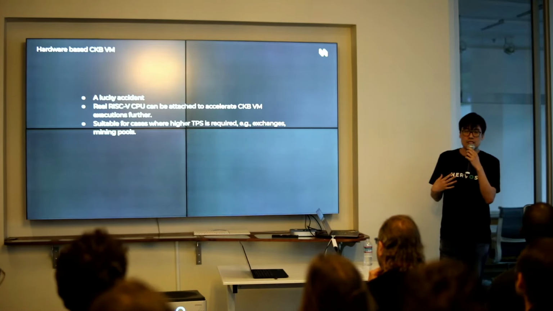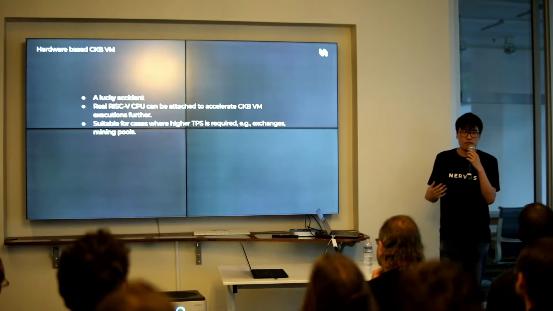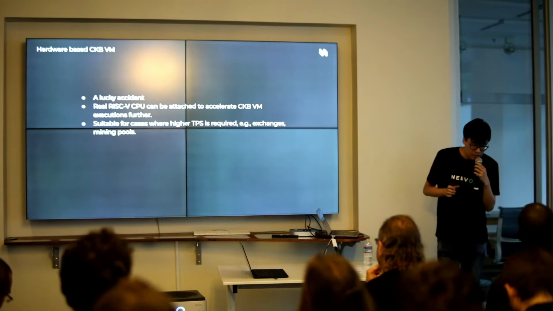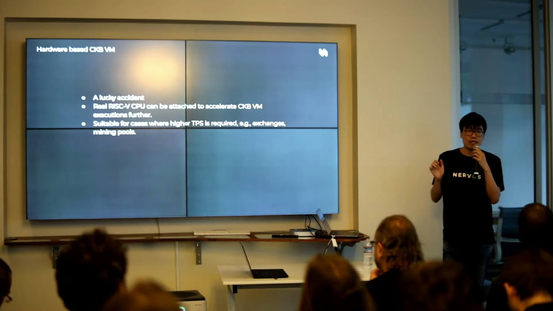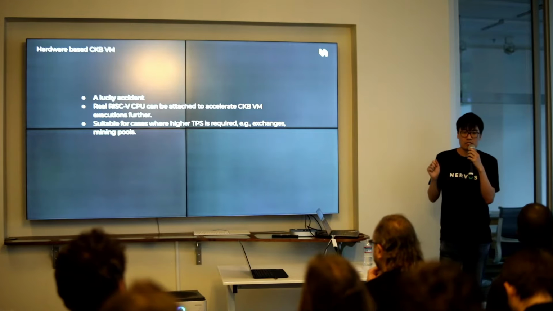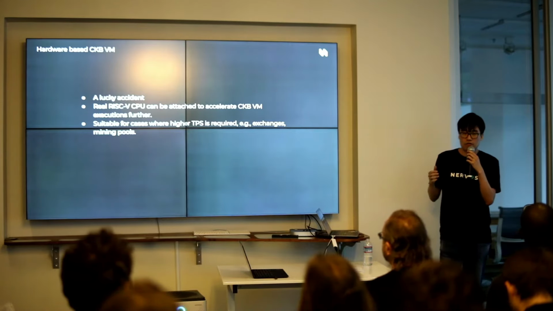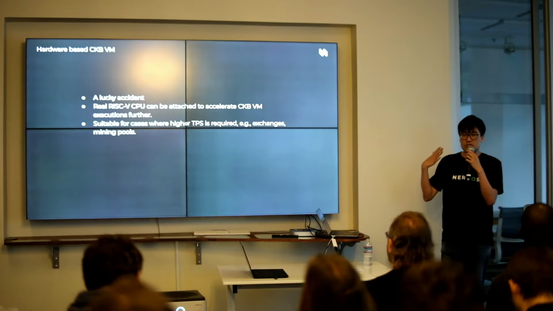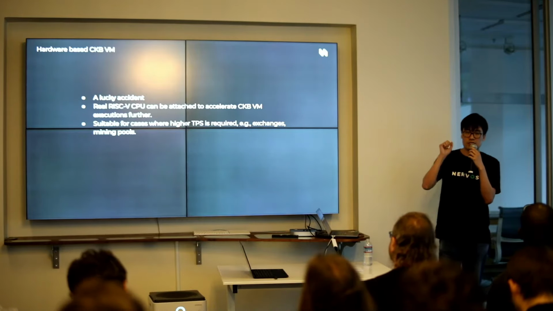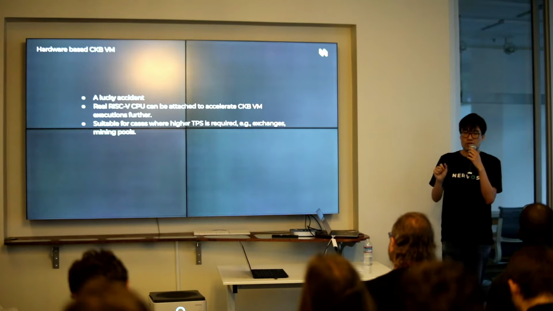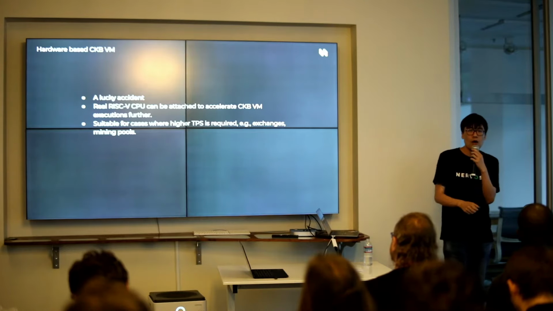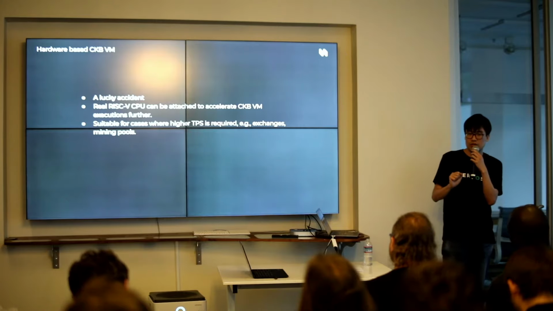For normal use cases, this might not help a lot, but if you think about it, there are many exchanges and mining pools that might benefit from a higher TPS. So for them, they can just use separate RISC-V CPUs, which guarantees security because it's an isolated part from the main CPU, but it also runs very fast because you have a native hardware-based CPU here.